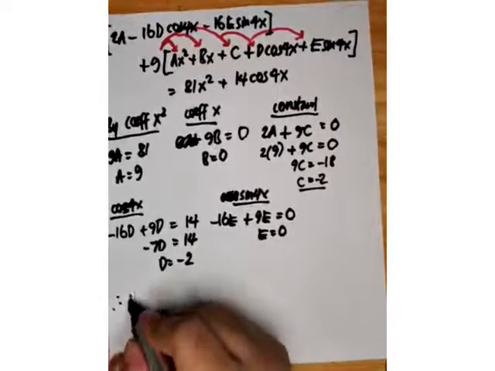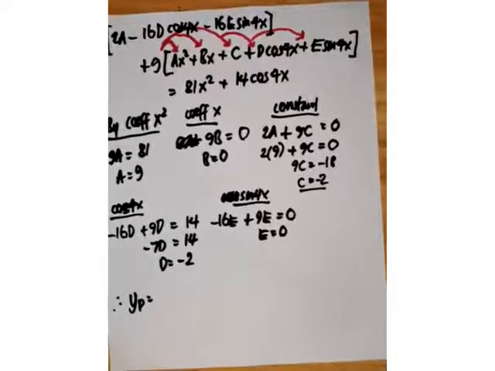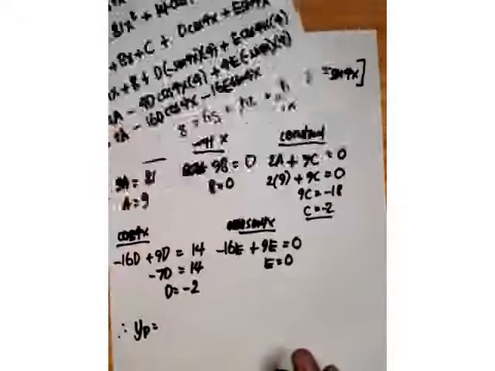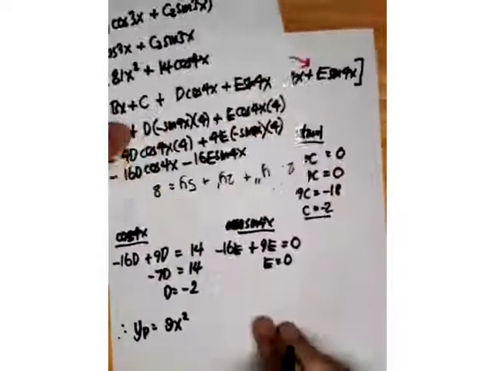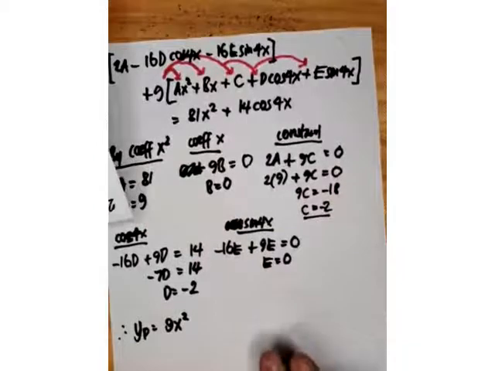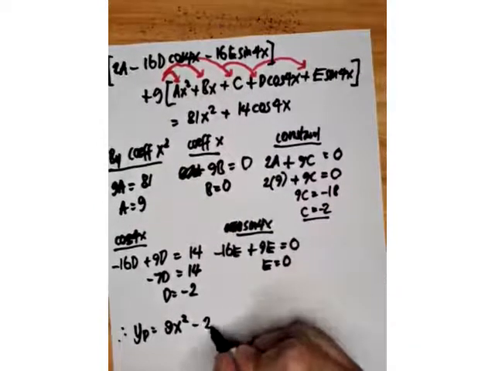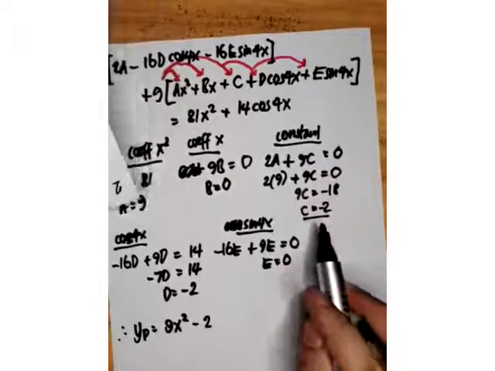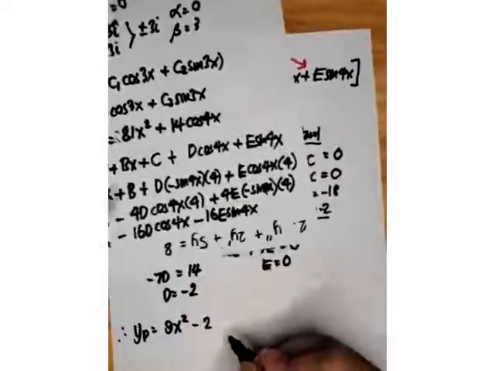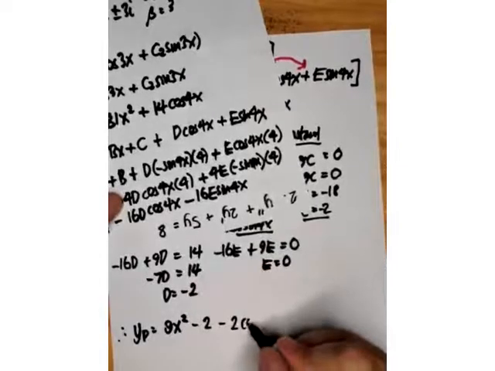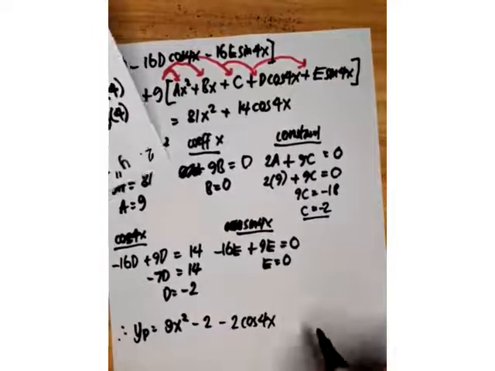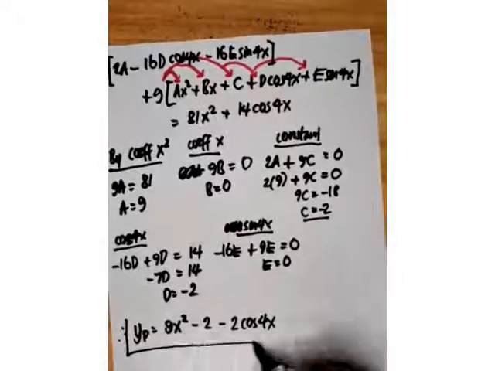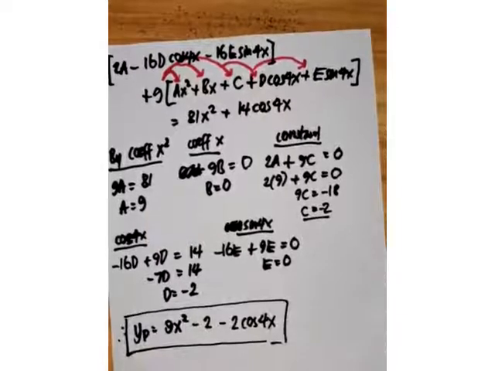Okay, so therefore, ang y sub p natin ay, okay, let's substitute them to our y sub p. So a is 9. So 9x squared plus b is 0 plus c. So c is minus 2 and then plus d. So d is negative 2, minus 2 cosine 4x plus e, so is 0. So therefore, this is our particular y sub p.